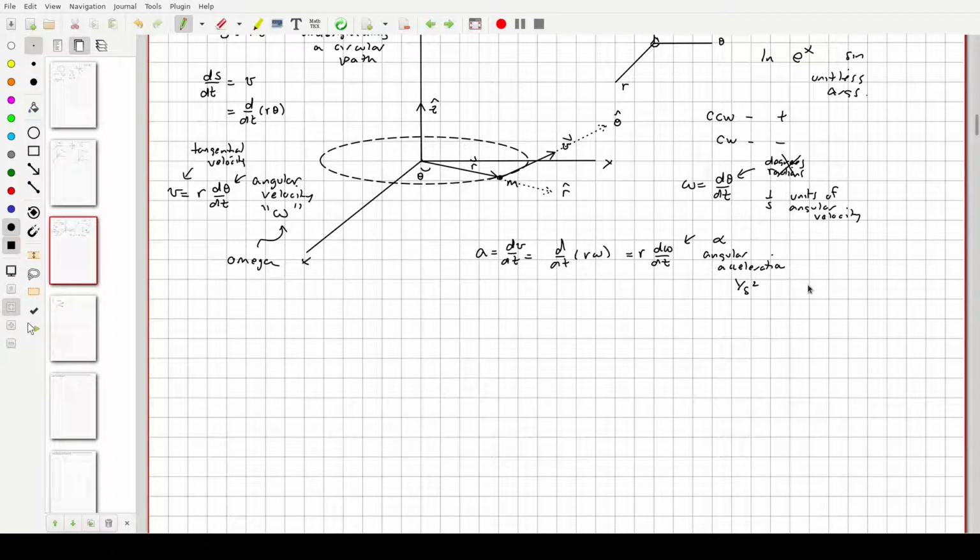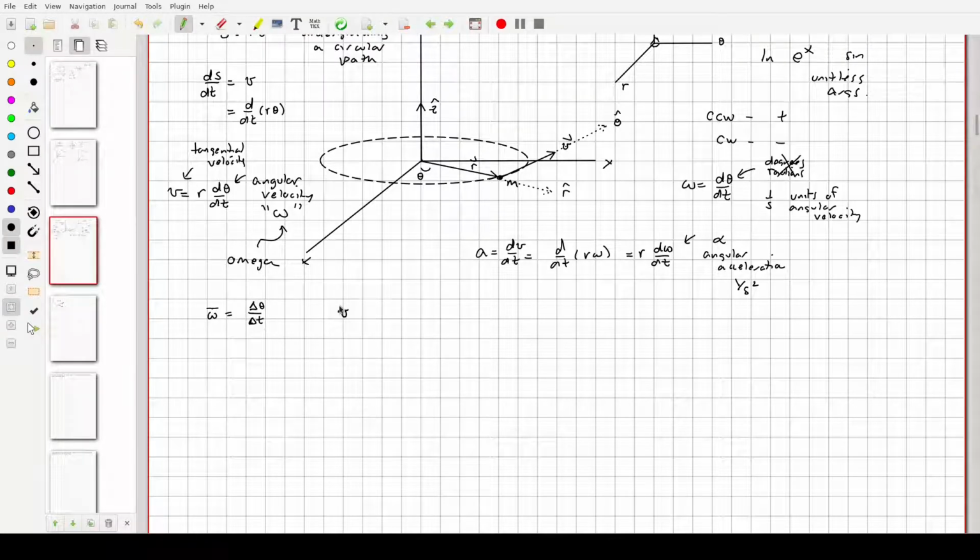Okay. Now, all the concepts that we came up with back in chapter 3, where you have average velocity, instantaneous velocity, speeds, all these things, they are one-to-one translatable to angular motion. For example, omega with a bar at the top would be an average velocity: change in angle over change in time.